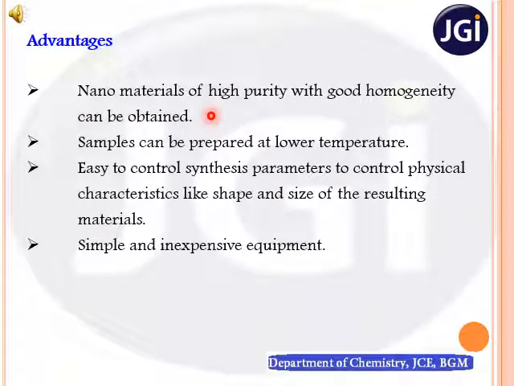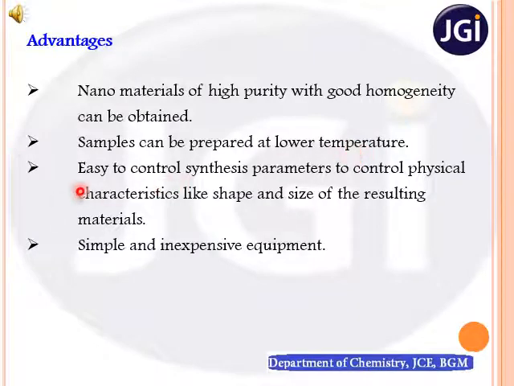Samples can be prepared at lower temperature. This we have also discussed. This method is generally employed for temperature-sensitive organic or inorganic hybrid materials. It means this method can be employed at a lower temperature to get the desired nanoparticles.